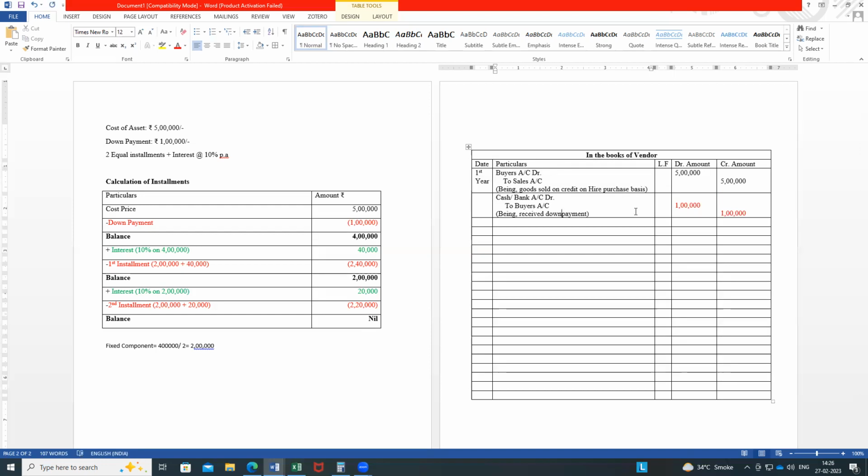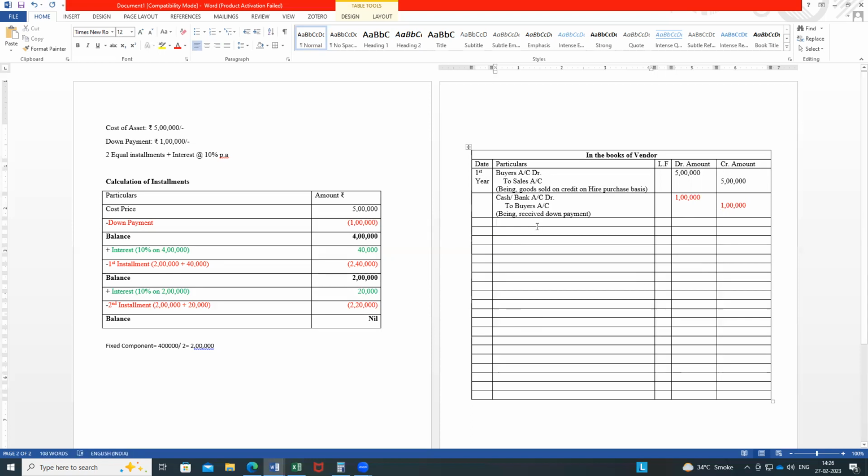Okay. Now this is the entry for down payment. The next entry on the first year में एक और entry होगा, that is interest charge.